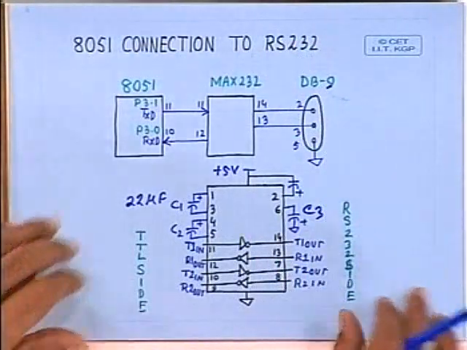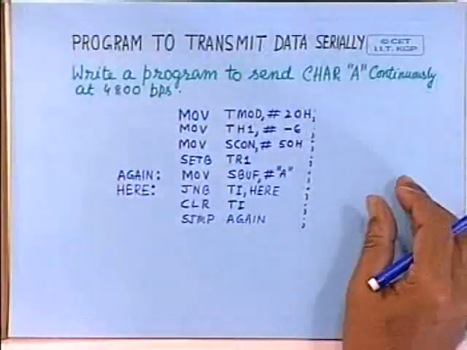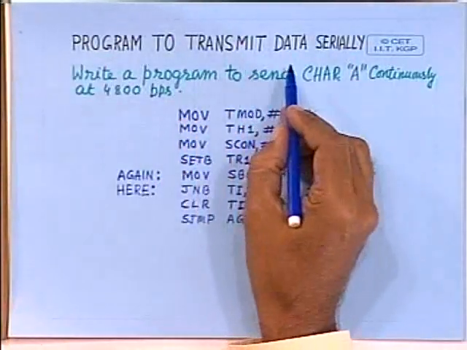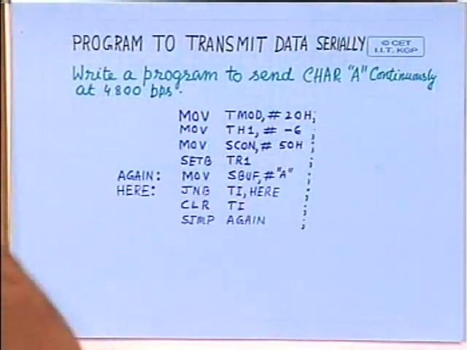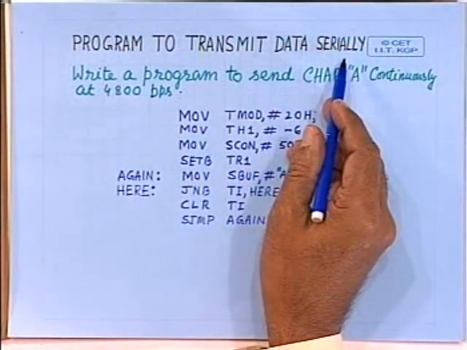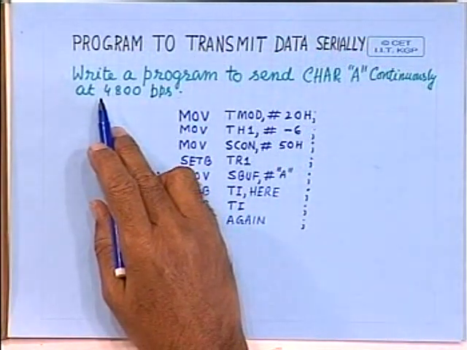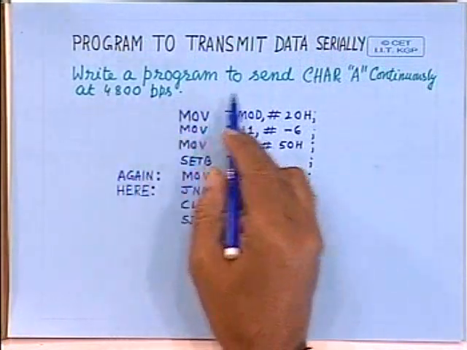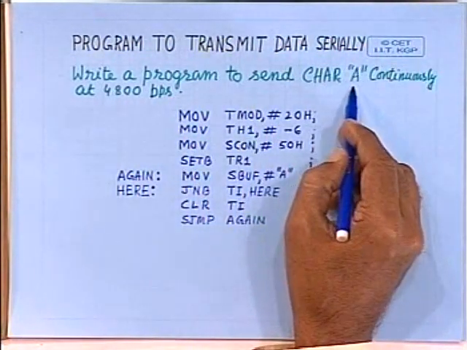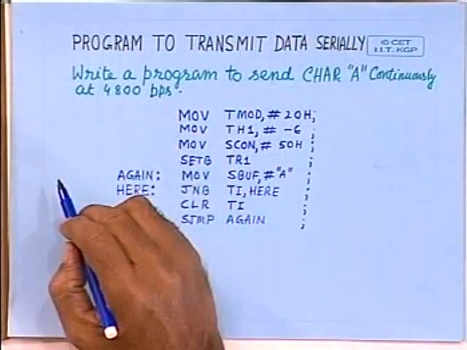Now let us see how the device can be programmed for transmitting data and also for receiving data. So here is a program to transmit data serially through the TXD line in mode 1. We are writing a program to send a character, the character A, continuously at a baud rate of 4800.